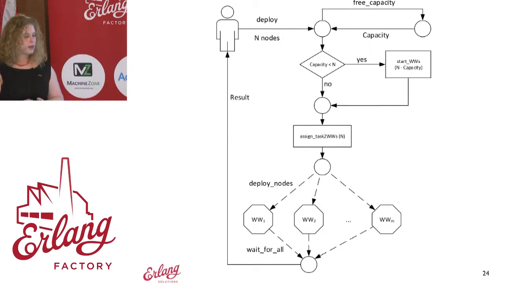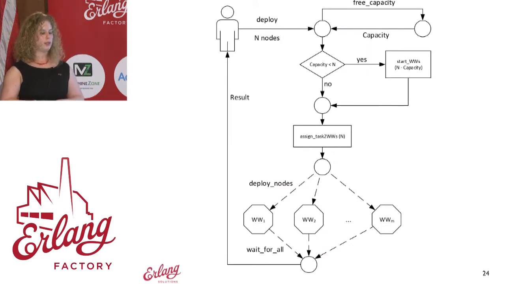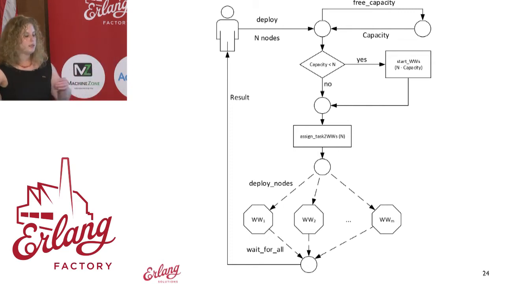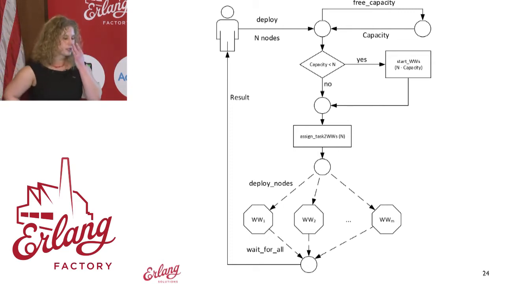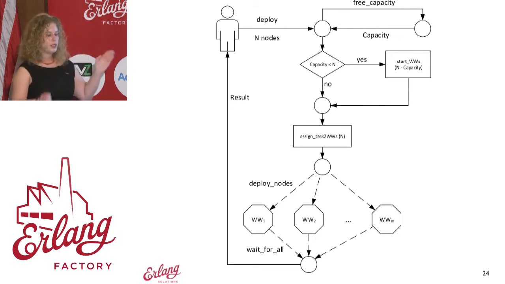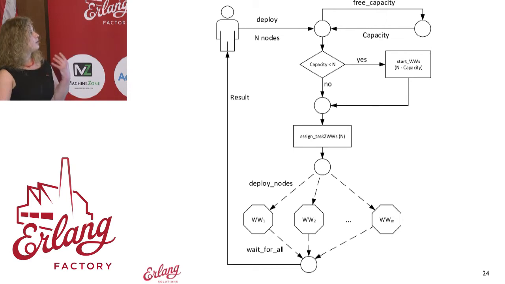Okay, and how can Erlang nodes be deployed using the improved system? Here you can see a simplified flowchart, and I promise I won't go into details. So, the user sends a request via the REST interface. Of course, it arrives at MetaWombat. MetaWombat checks whether the capacity of the system is enough to fulfill the request.